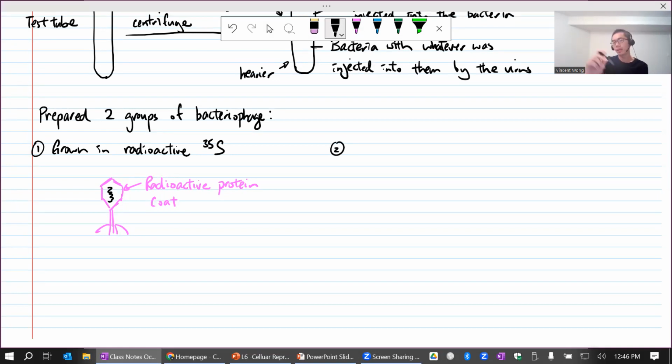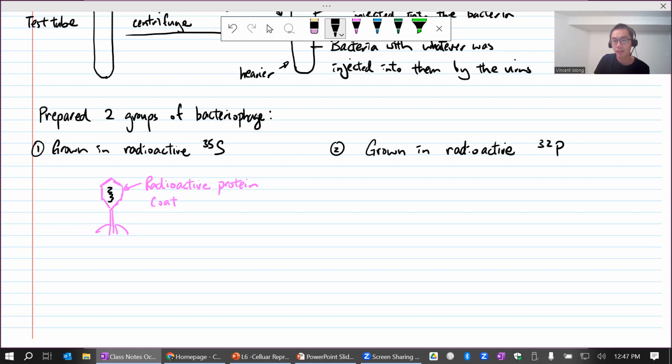What about something that's found in DNA and not protein? Do you know? What element is found in DNA but not protein? Yes, that's correct, Maitri. It is the phosphorus.